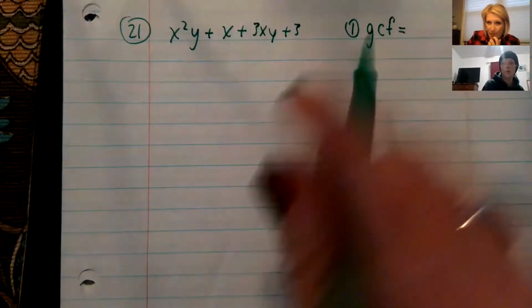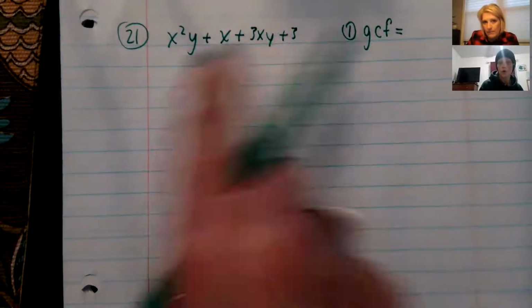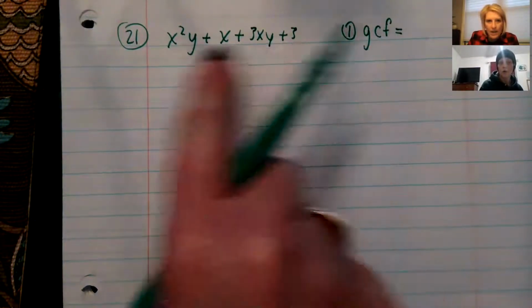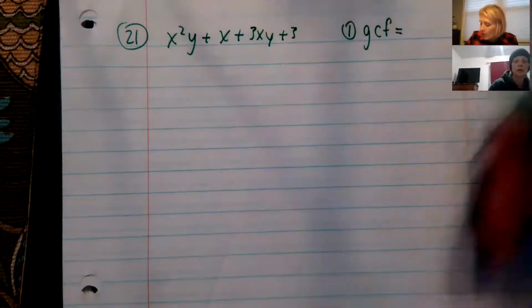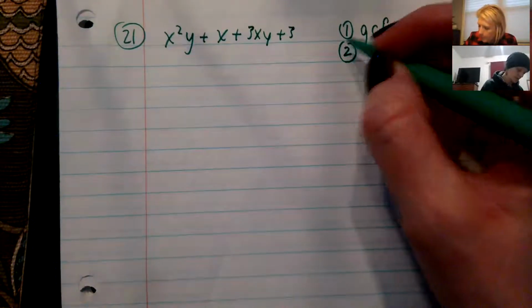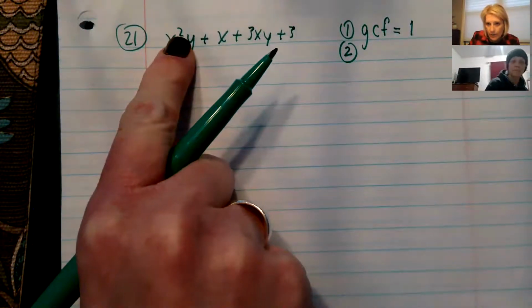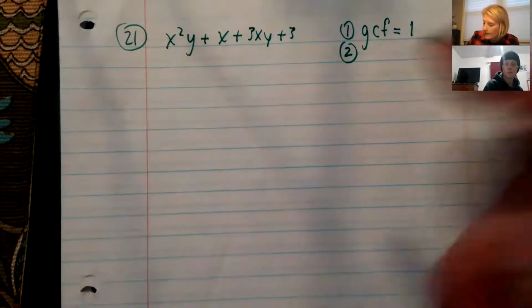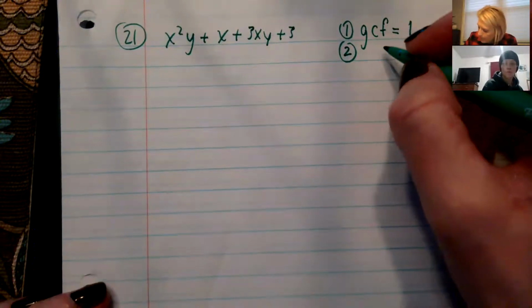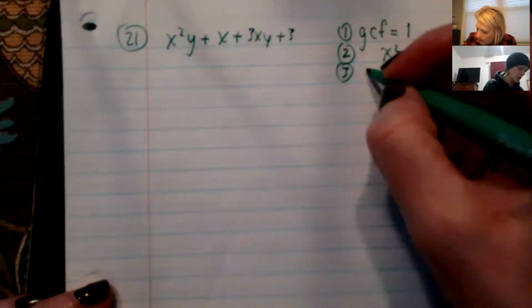No. I always look and see if there's a constant here, but I know there's not because they don't have any letters the same. So it would just be 1. And then I know I have to investigate because I have some kind of an x squared here, right? And so, the x squared, and then I always ask how many terms.